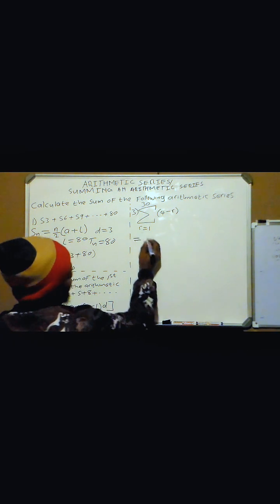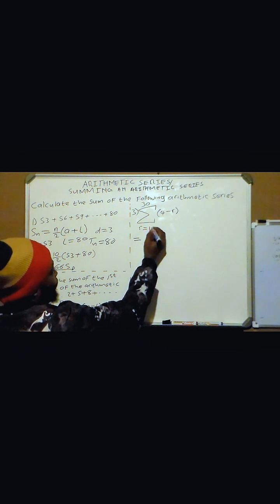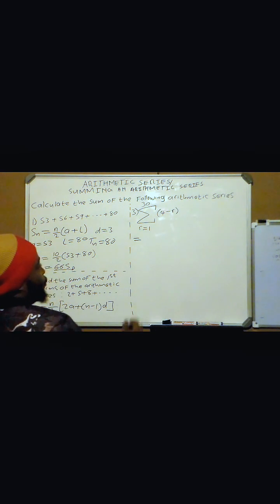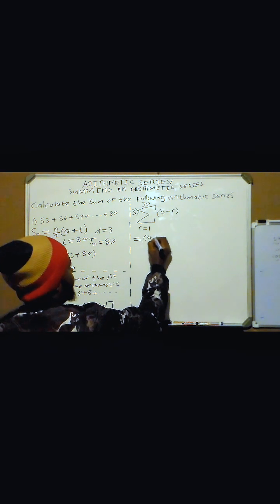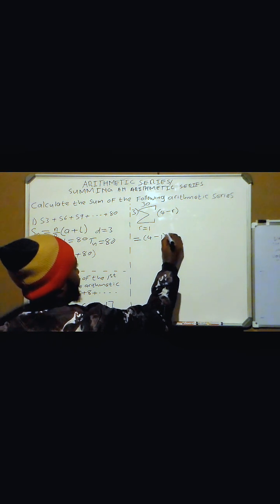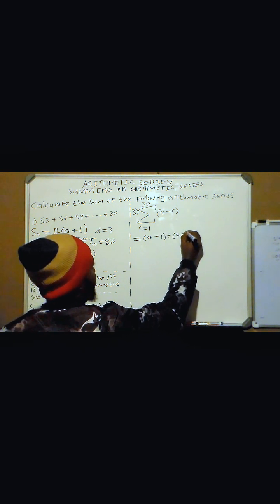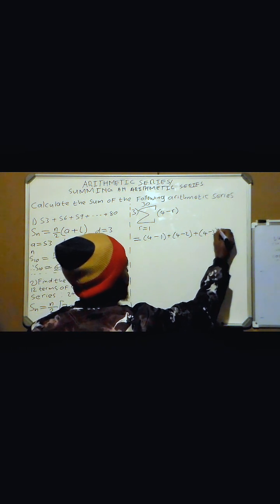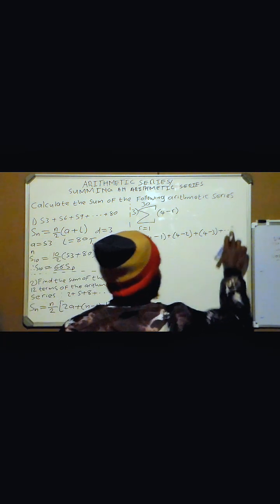Remember that we sum up the expression to the right of the sigma notation from the lower bound to the upper bound, right? So I'll write the first 3 terms and the last term. So what we have here will be 4 minus 1 plus 4 minus 2 plus 4 minus 3 plus all the way to the 30th term. Let me write it here.